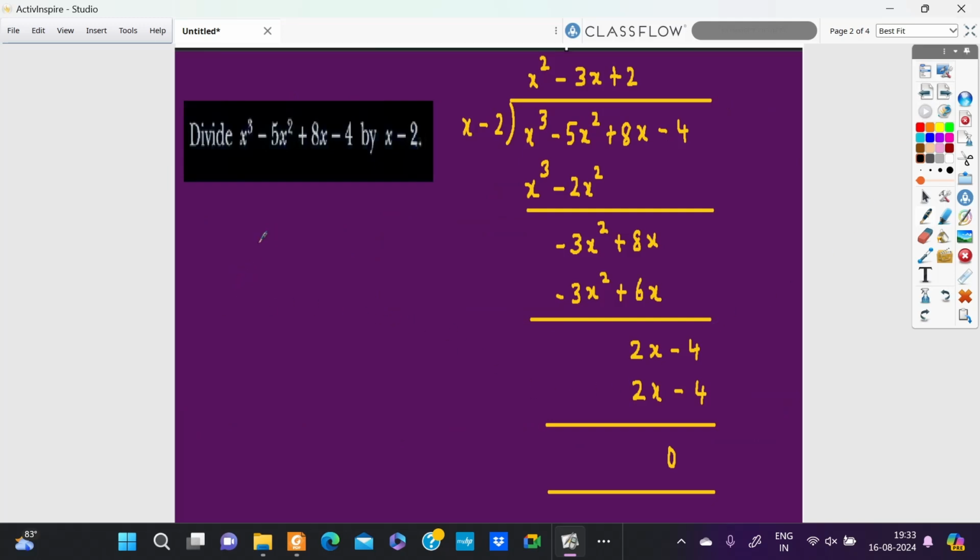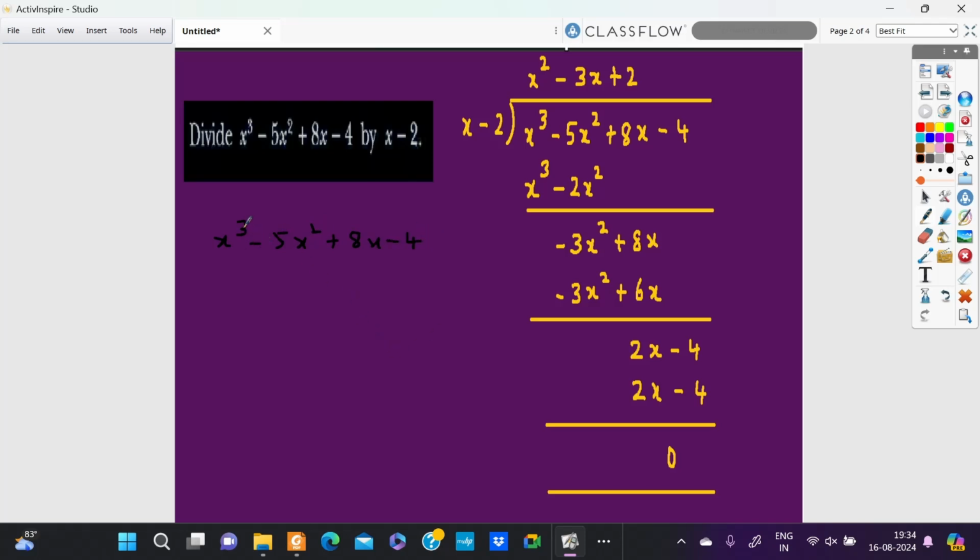And I wanted to introduce polynomials. Maybe I could have a separate session on explaining what a polynomial is actually. Now I would just take this x cube minus 5x squared plus 8x minus 4.